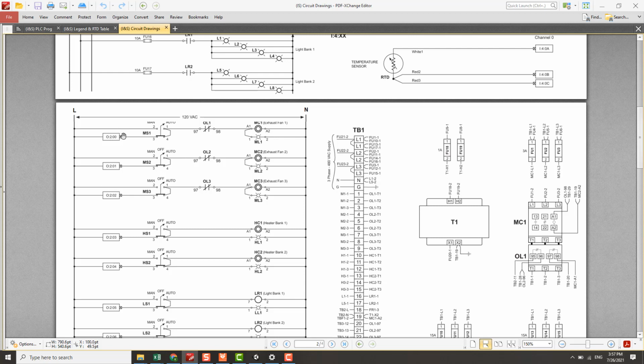Okay, we know that AC current will source the PLC output switch via the common point, the PLC common point.